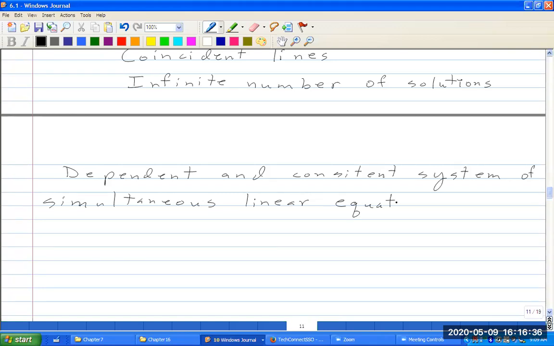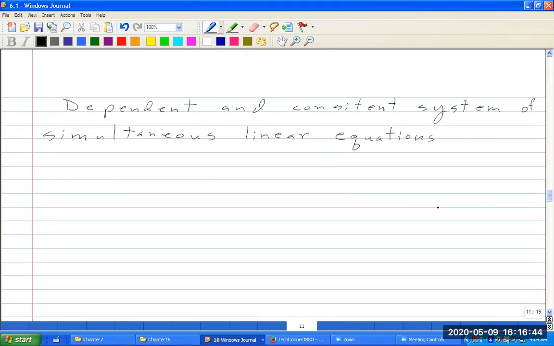I will usually just say that this is a dependent system. Since these lines intersect along a one-dimensional line, we will get a one-parameter family of solutions.